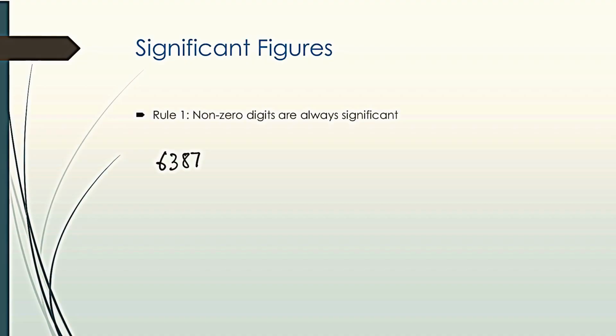It simply states non-zero digits are always significant. What does that really mean? Let's say I have a number 6,387. All you have to do is count how many digits this has. Turns out it has 4 digits, and so in this number I have 4 sig figs, or significant figures.